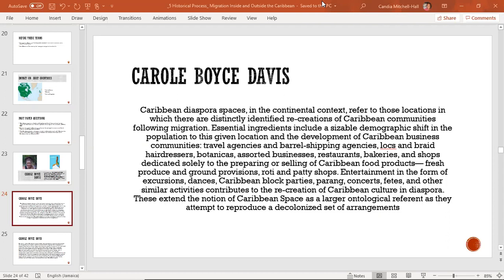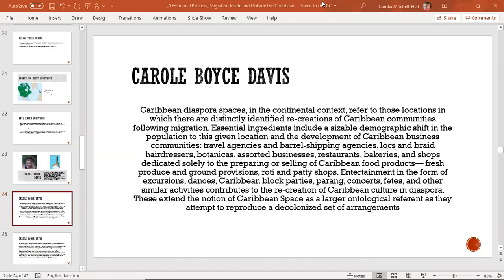Now, one of the things that Boyce Davies is mentioning here is that wherever Caribbean people have migrated to, they have recreated Caribbean communities in those spaces.